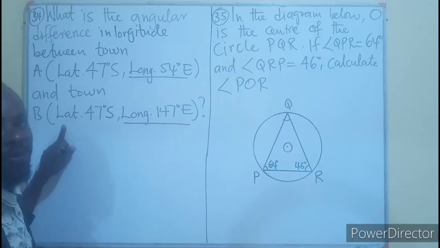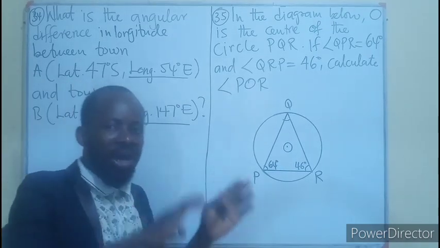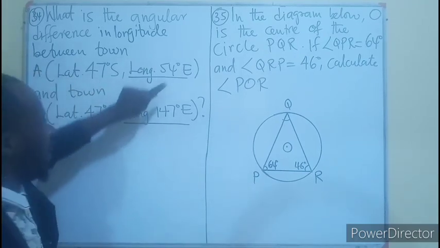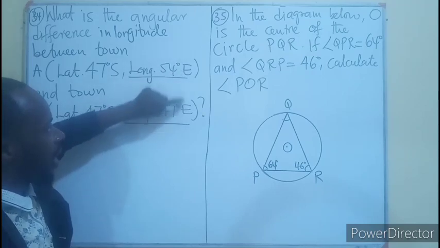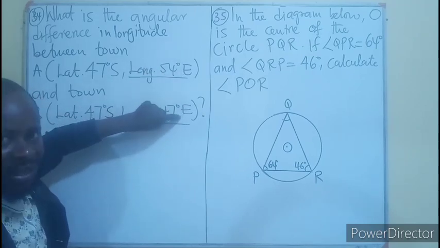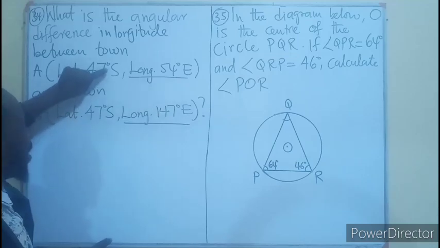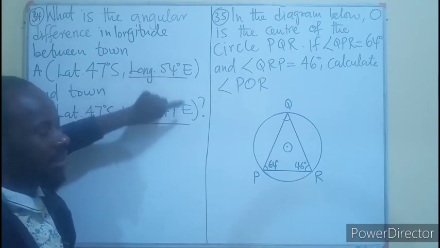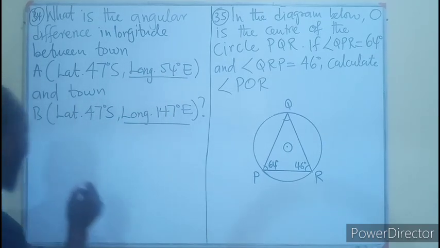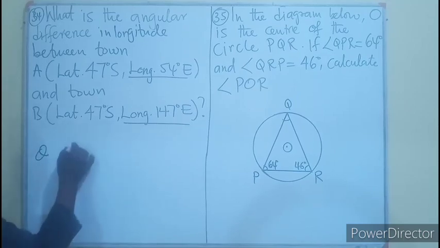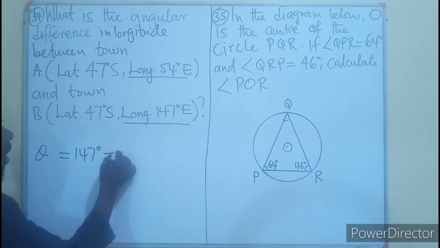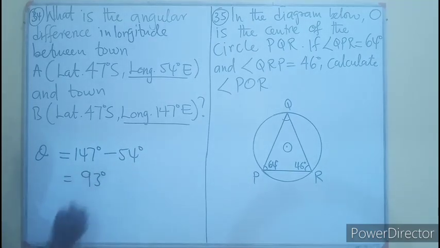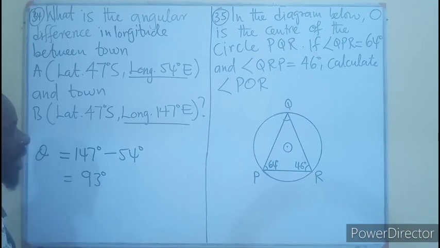To find the angular difference is either subtraction or addition of the degrees. If I have the same cardinal point, east-east, I'll be performing subtraction. If it is east and west, then you add. So the angular difference is just 147 degrees minus 54 degrees, and that gives us 93 degrees. And that will be the option A.